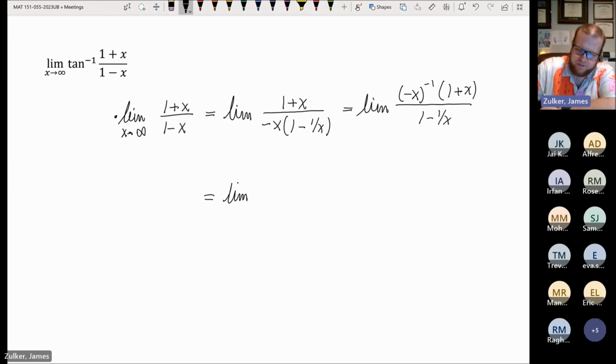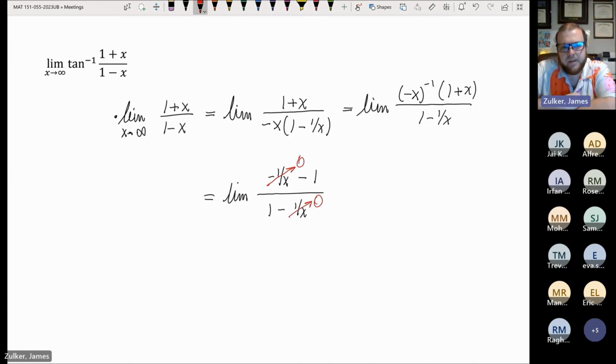Now distribute the numerator. Those terms go to 0. And what we're left with is essentially the limit of -1, which is -1.